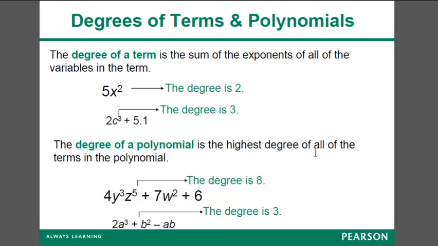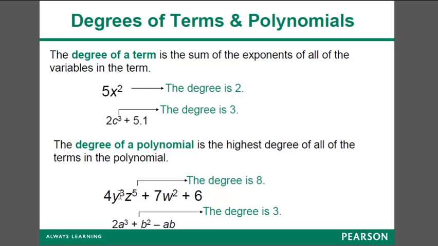The degree of the polynomial is the highest of all the terms in the polynomial. So if we look at 4y to the third z to the fifth, plus 7w squared plus 6, the 6 has a degree of 0 because it does not have a variable at all. 7w squared has a degree of 2 because of the w squared.